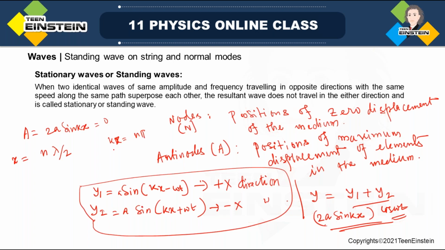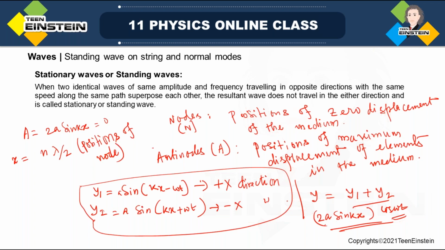Since k is 2 pi by lambda, it will be n lambda by 2. So this is the condition for the positions of nodes.